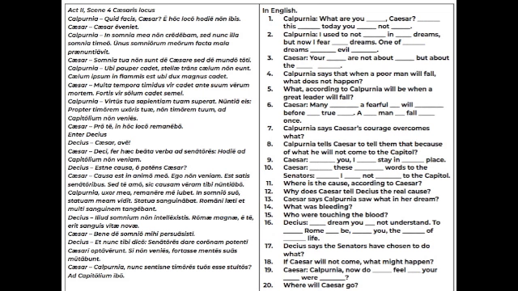"Ego non veniam." I shall not come. Ego there for emphasis. "Est satis senatoribus." It is enough for the senators. So he's saying, hey, I don't have to tell you why. The cause is in my mind. I'm not coming. And that's all the senators need to know.